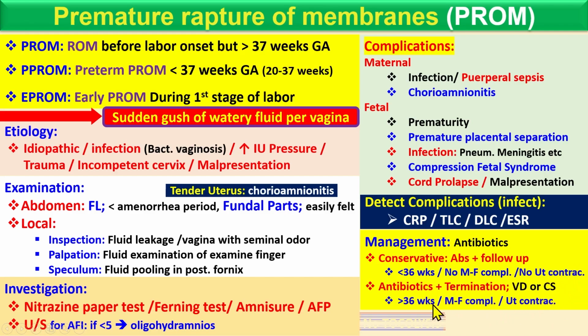If the gestational age is more than 36 weeks, or there is a maternal or fetal complication or uterine contractions have started, then you should terminate the pregnancy. Then assess whether it is ideal for vaginal delivery or for cesarean section.